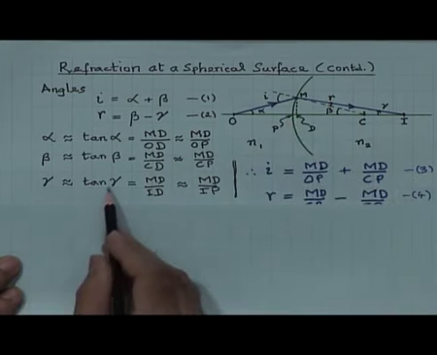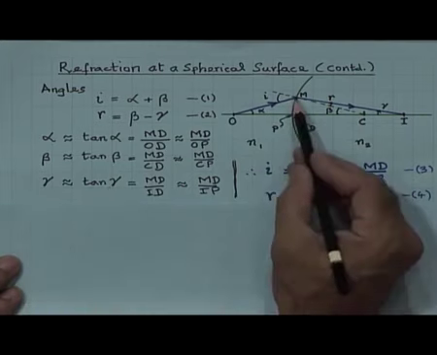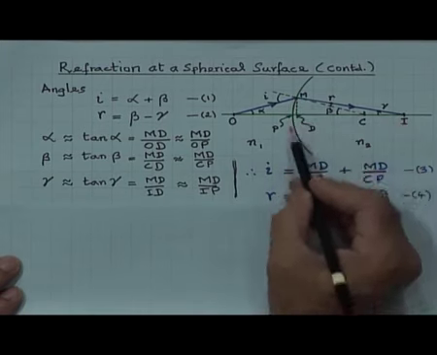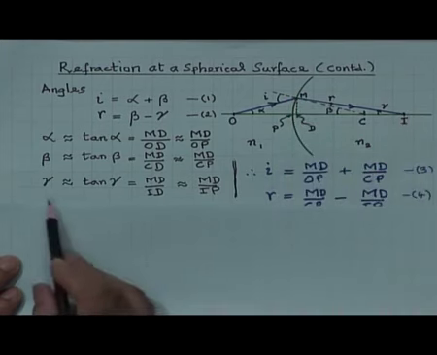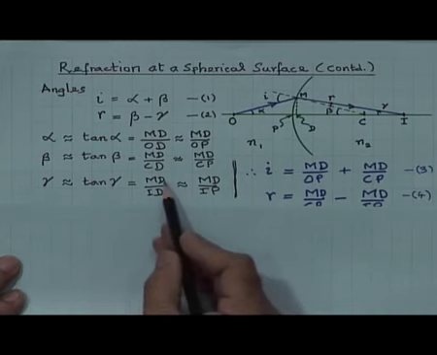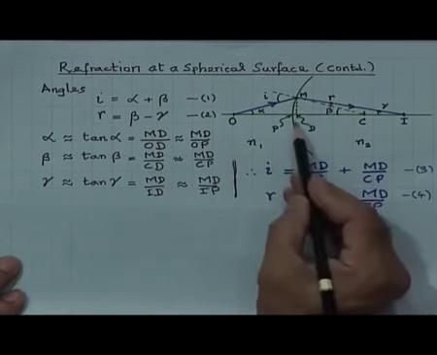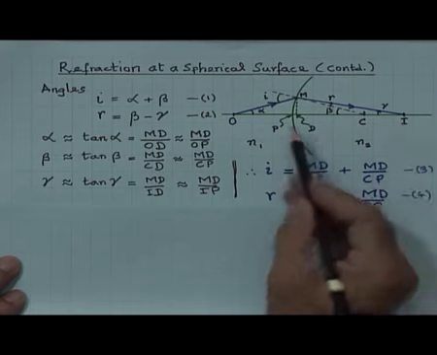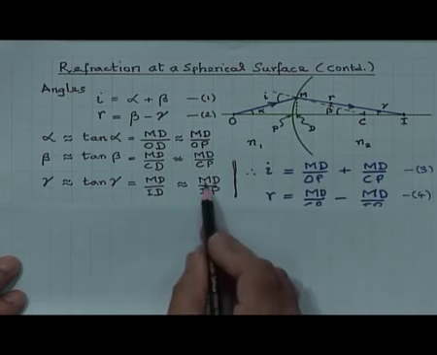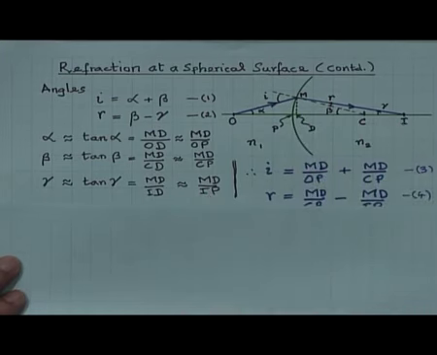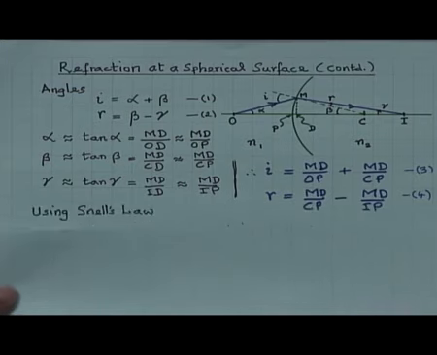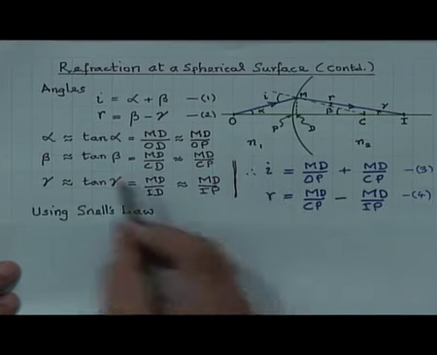And gamma is equal to tan gamma. If you look at the triangle MDI, then gamma equal to tan gamma is equal to MD divided by ID, but IP is the image distance. So, we are approximating it by MD by IP.